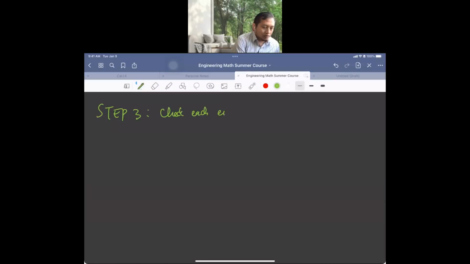Put the eigenvalues in A, or maybe directly, and solve with Gauss-Jordan elimination, or row echelon form.